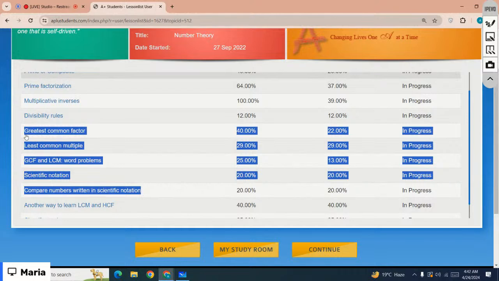Then scientific notation, the one we have just finished is compare numbers written in scientific notation. So please make sure before the next session you complete all the practice questions for the lessons we did today. That is your homework until the next session, right?